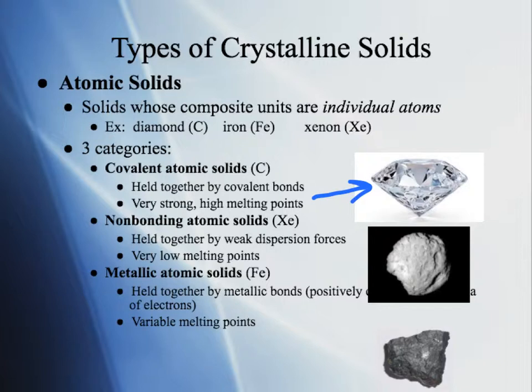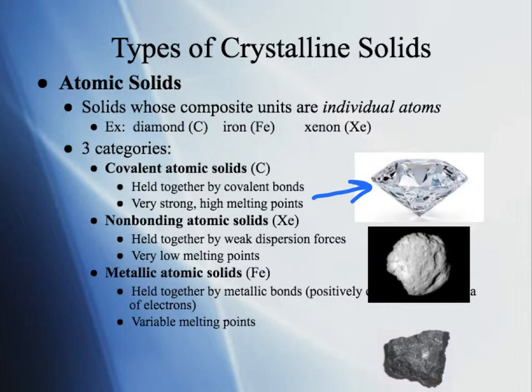Remember, xenon is a noble gas, so it's not going to be chemically bonded to any of its neighbors, but it can be held together in a crystalline solid by weak dispersion forces. So this is going to have very, very low melting points.